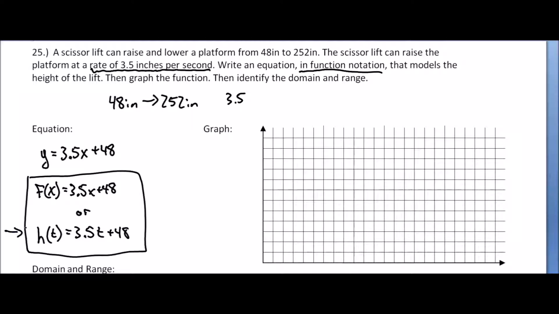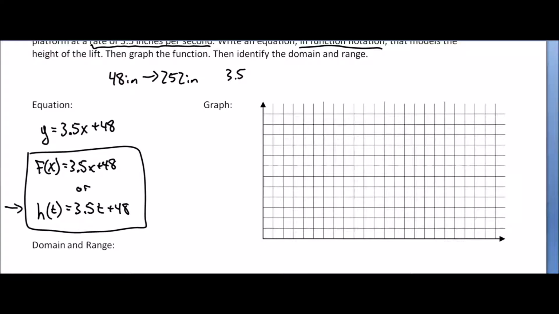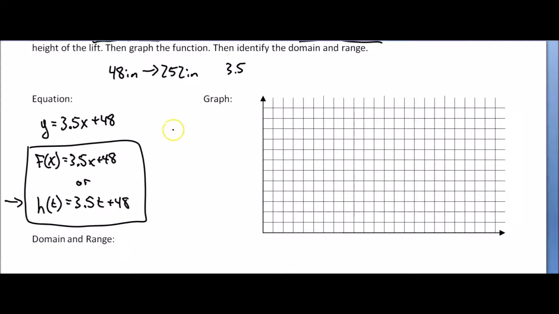Okay? So the next thing we want to do is graph this thing. And the graph of this might be a little bit tricky, especially with a slope like 3.5. I might have to think about this slope a little bit. 3.5 over 1, that's the same thing as 7 over 2. And so as I scale this thing, I'm going to put time down here.